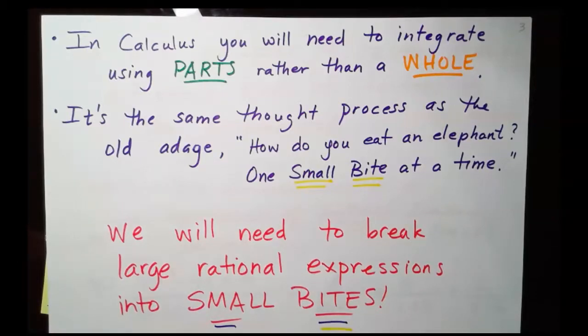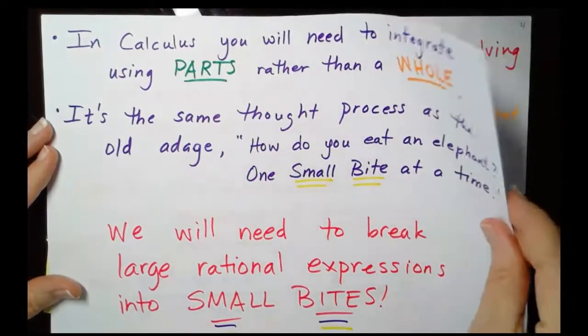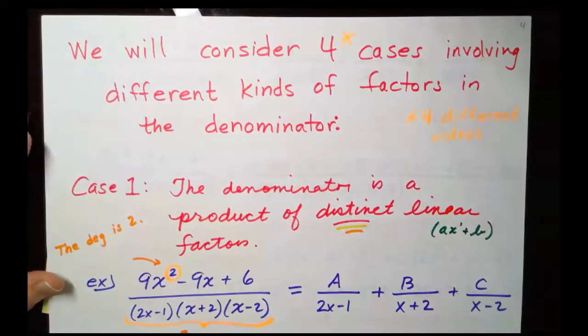It's the same thought process of the old adage, how do you eat an elephant? One small bite at a time. So we're going to be breaking large rational expressions into small bites. And I'm going to go over the process of how to do that.